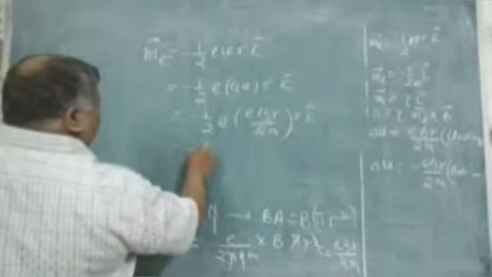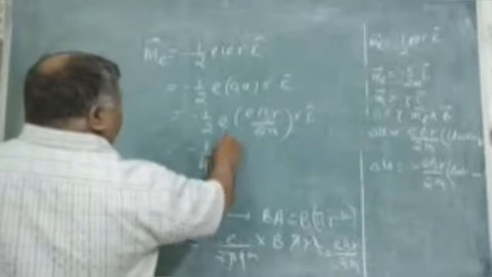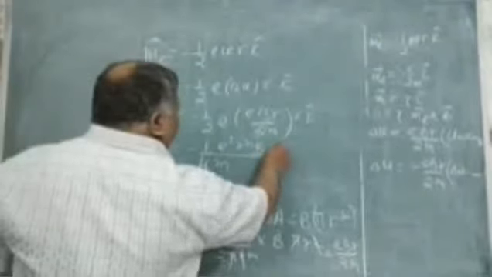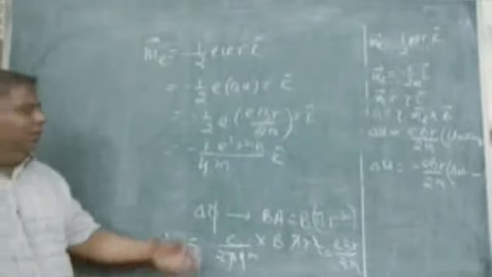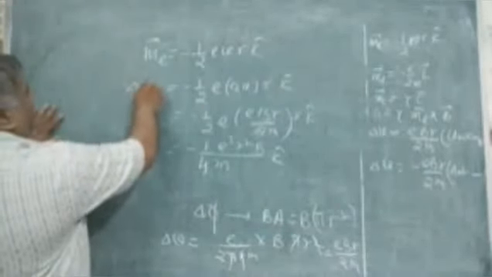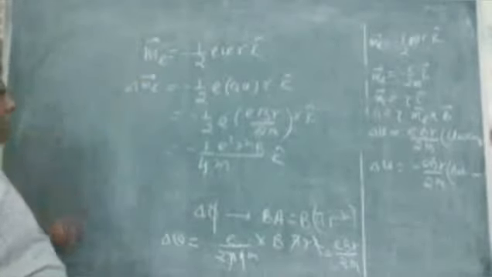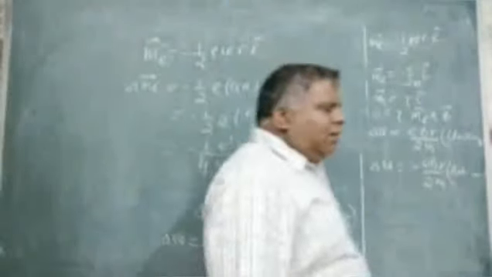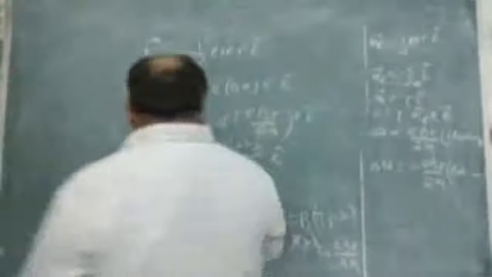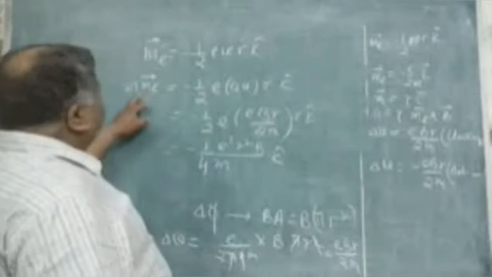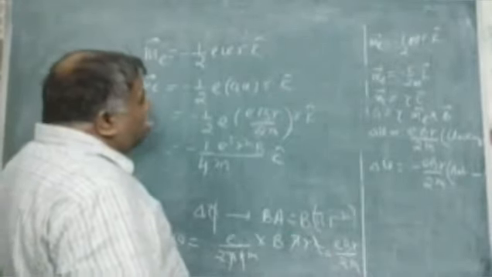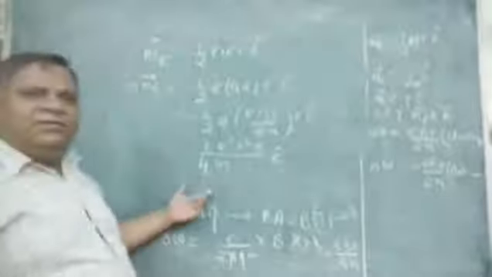This is minus 1 upon 4 e square r square B over m, which is this. This is the change in magnetic moment. When we place an atom, that is diamagnetic atom, in a magnetic field, there is a change in magnetic moment of an electron, and this is given by this.